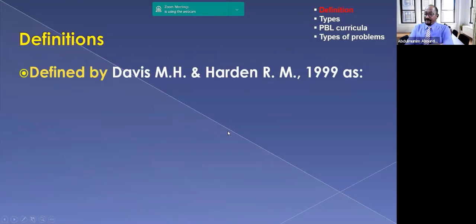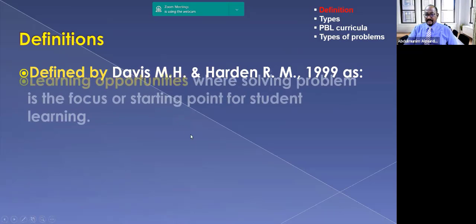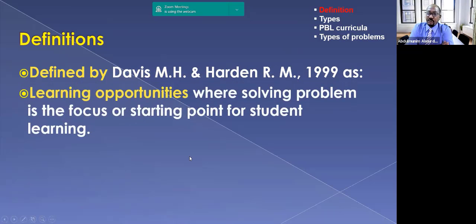Now, Davis, in his recent paper, 1999, defined it as learning opportunities. Remember, I differentiated between learning opportunities and learning approaches. Davis used the term opportunity to describe problem-based learning.